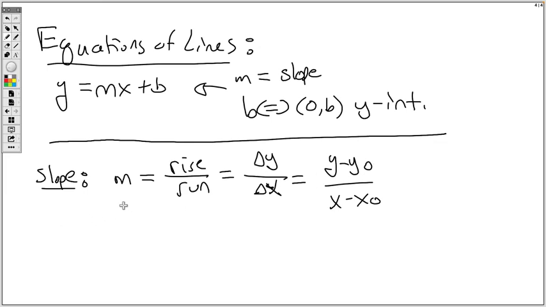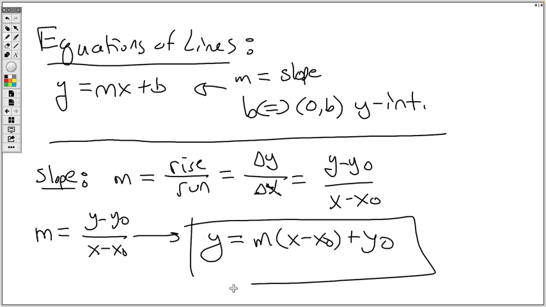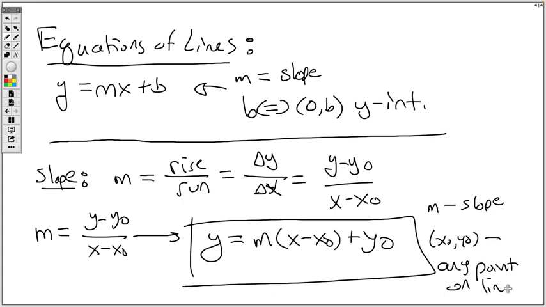So if you take this formulation of the line and solve for y, you get y equals m times (x minus x naught) plus y naught. This will be the equation of the line that we're going to use here, because m is the slope. And instead of being specific and knowing about one point on the graph, namely the y-intercept, x naught, y naught can be any point on the line.